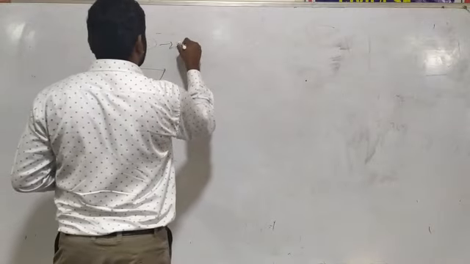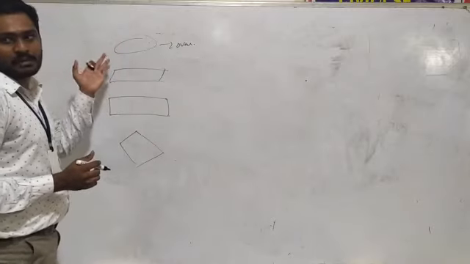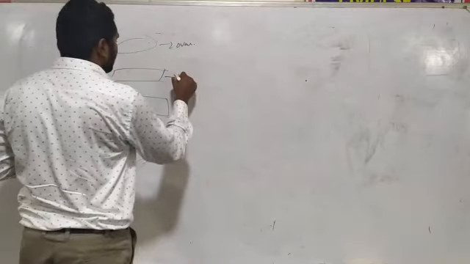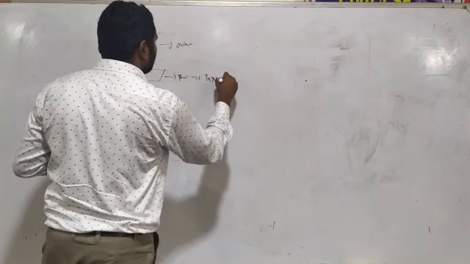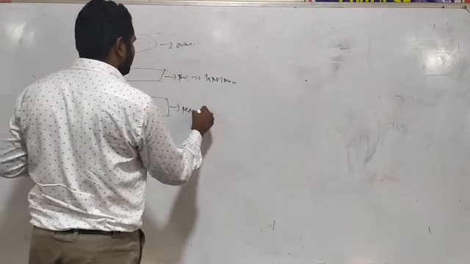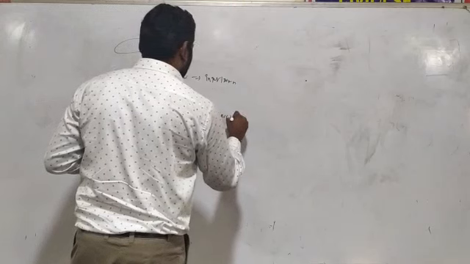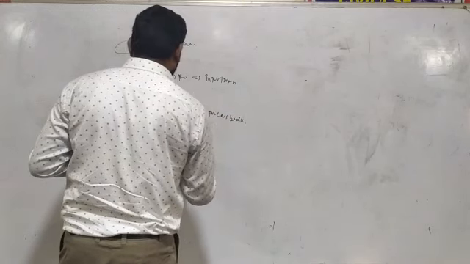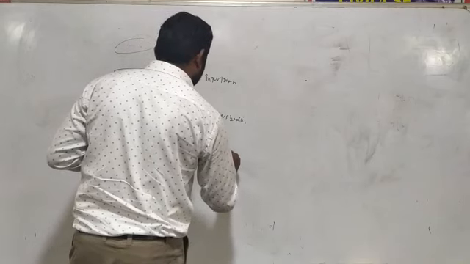So this is oval. So this indicates either beginning or ending of the program or problem. And coming to parallelogram, so it gives either input or output data. And coming to rectangular form, it indicates the process block. And coming to diamond shape, it gives the decision making.